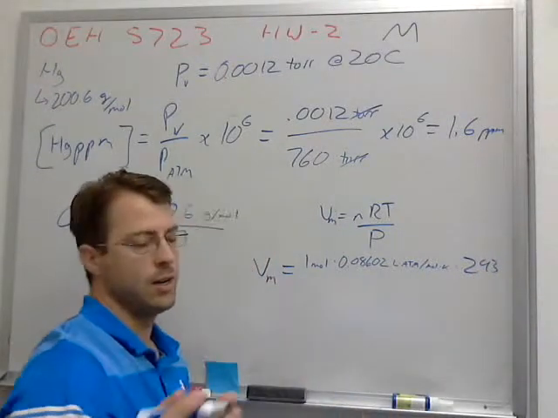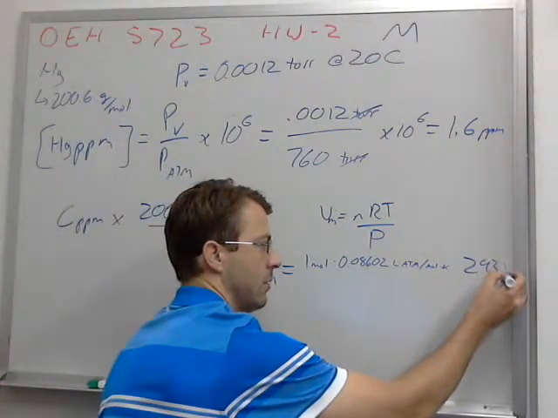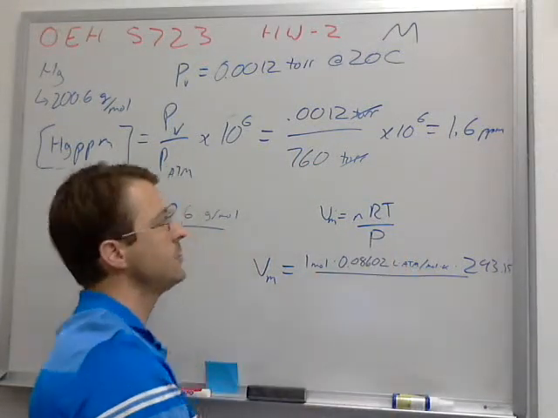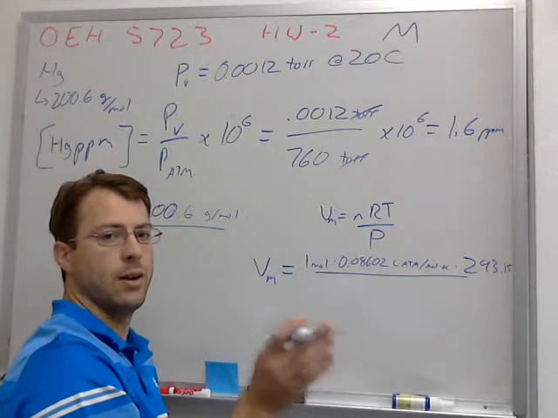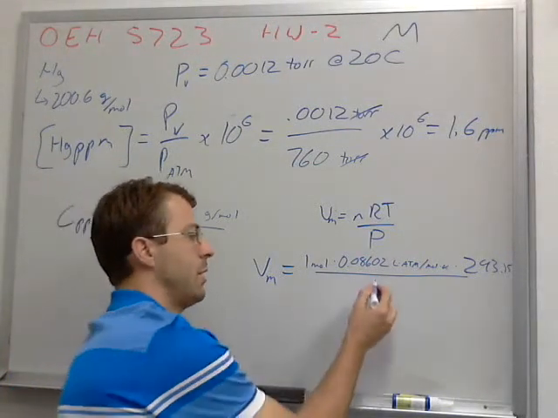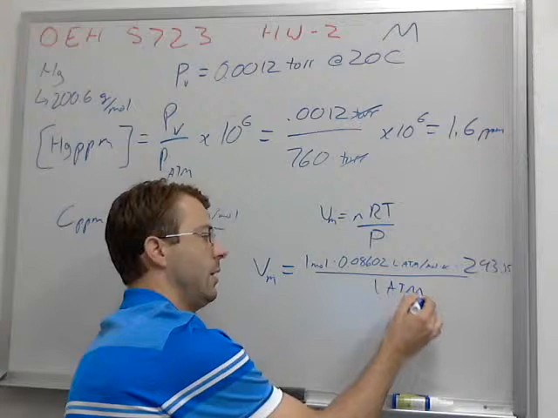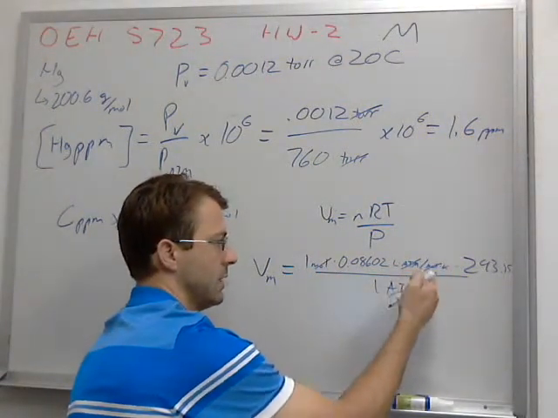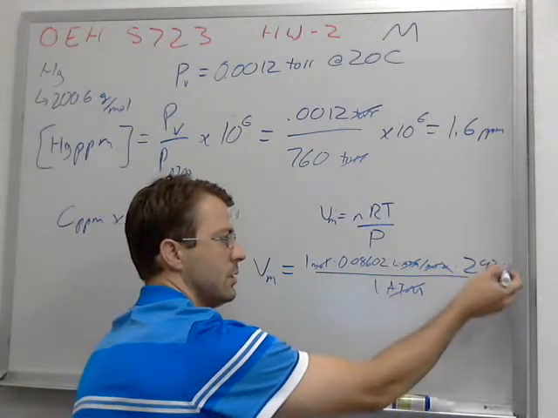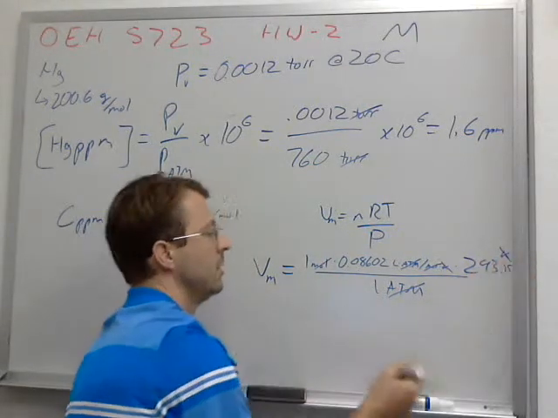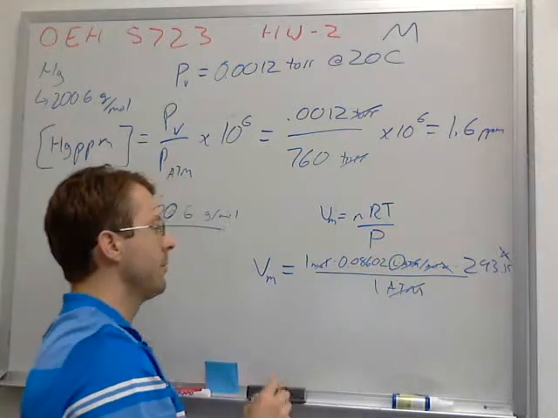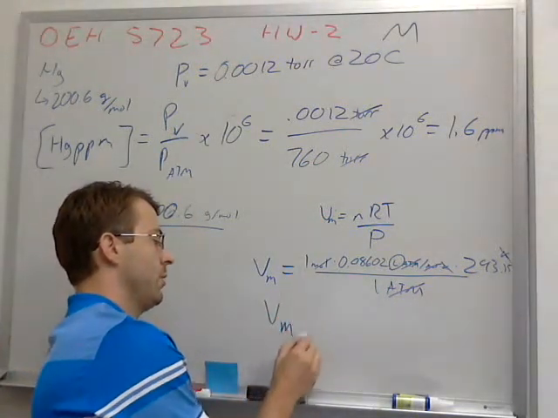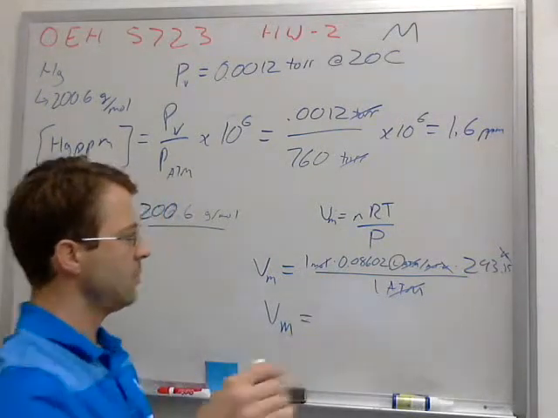And if you wanted, you could do 293.15. And then that'll be divided by our pressure in atmospheres, and this is assuming we're still at sea level, so it's just 1 atmosphere. Alright, so atmospheres cancel, moles cancel because that's in the denominator, kelvins cancel. So we're left with liters, right? So this is what we've done previously. It shouldn't be new. So the molar volume at 20 C is going to be slightly different.